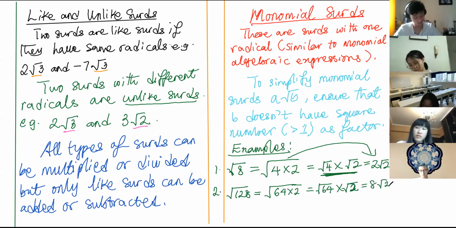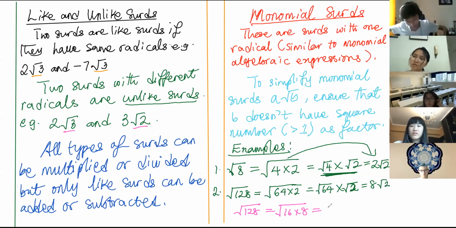Can somebody tell me why what I'm about to write is not acceptable? Why is this not acceptable? Let's start with OU.